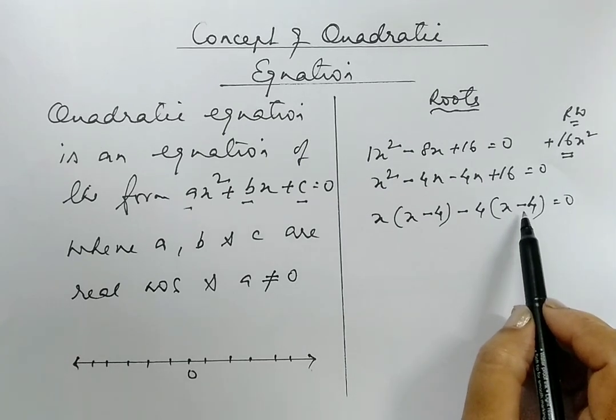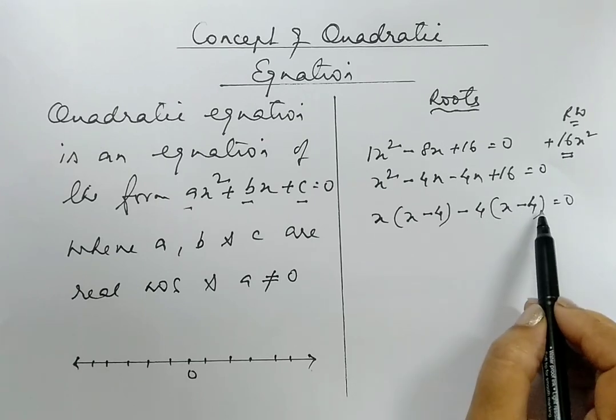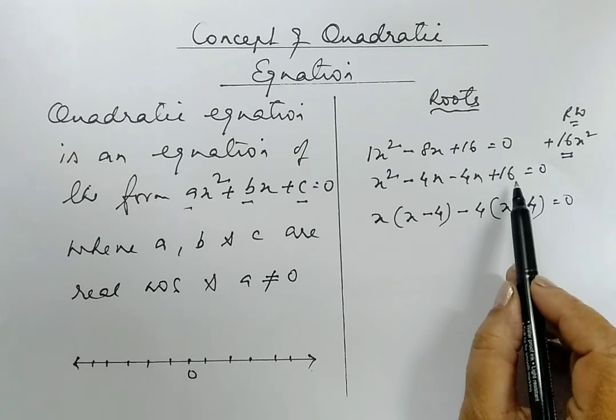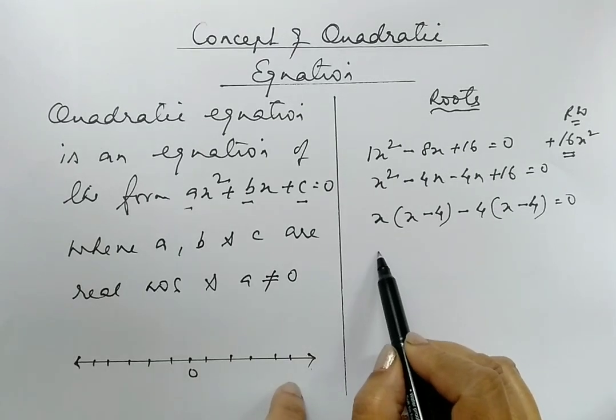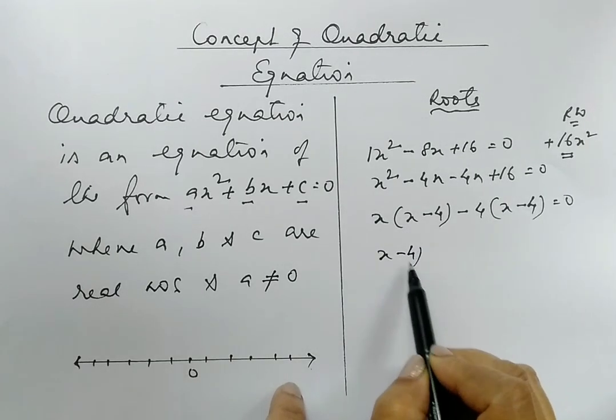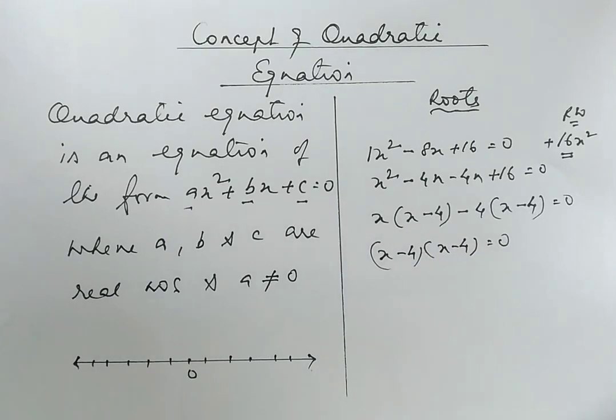Alright guys, why do we put a minus over here? Because minus 4 multiplied by minus 4 will give me plus 16. Now we know that we have got two factors over here whose product equals 0.